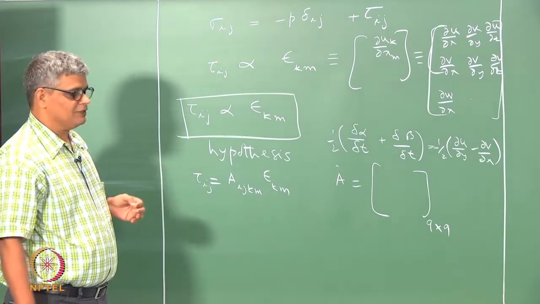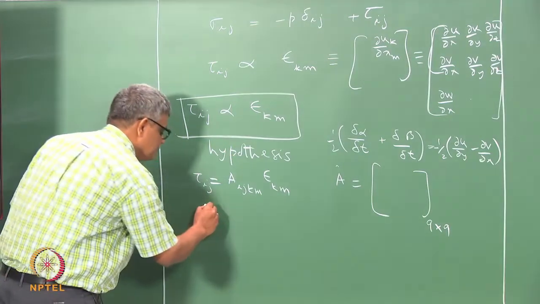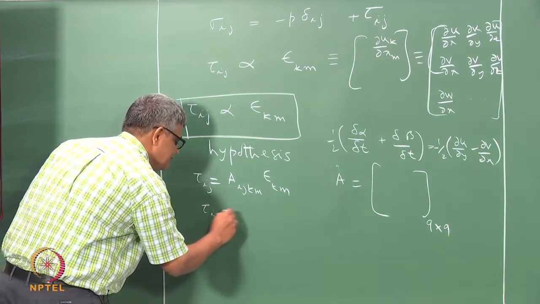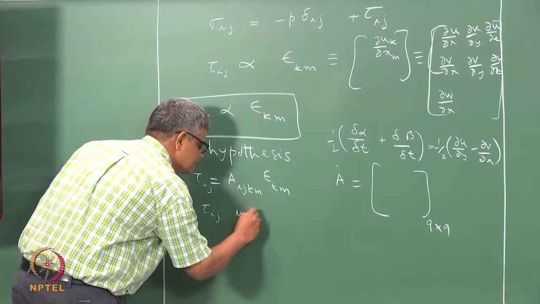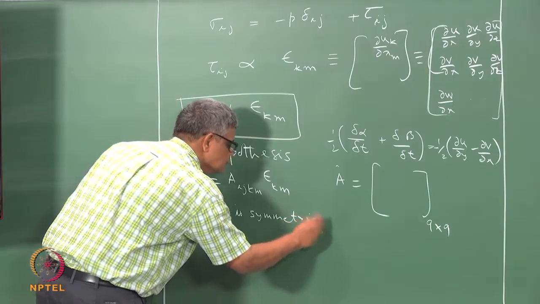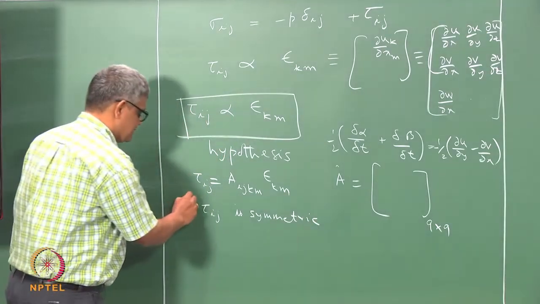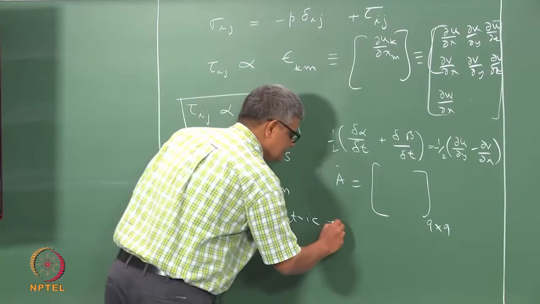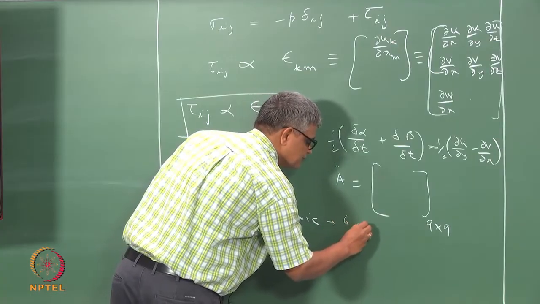And what are the special features? We know from angular momentum that tau ij is symmetric. Okay, so that means that there are only 6 independent components.